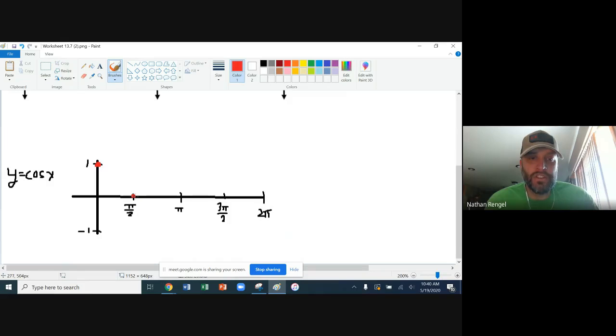At pi over 2, which is the top of your circle, your x-coordinate is 0. When you go all the way to the left side of your circle, your x-coordinate is -1. That's where pi is. 3 pi over 2 radians is the bottom of your unit circle. That would have an x-coordinate of 0. And finishing up, all the way around the circle at 2 pi, you're back to 1.